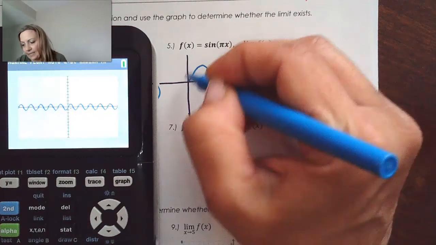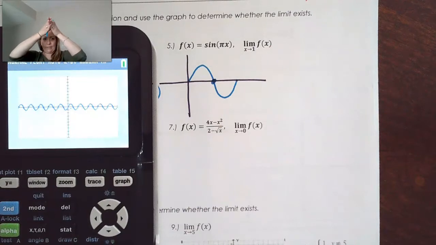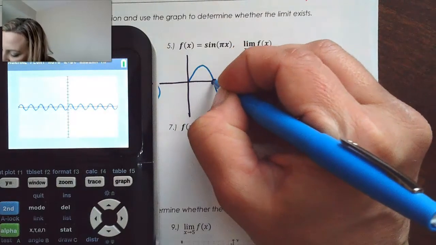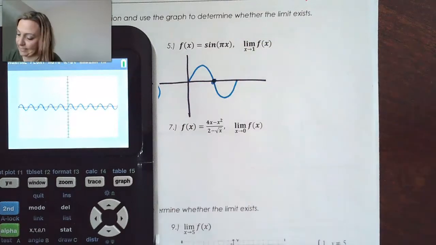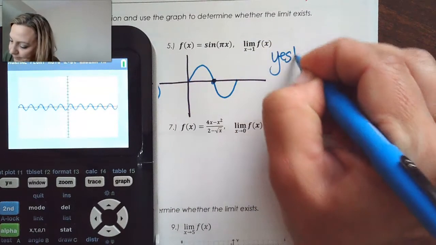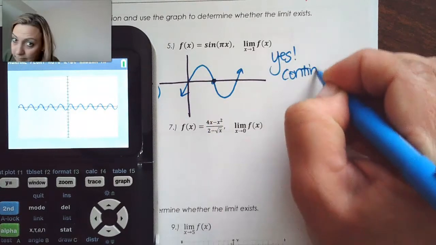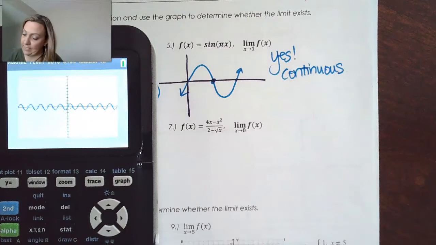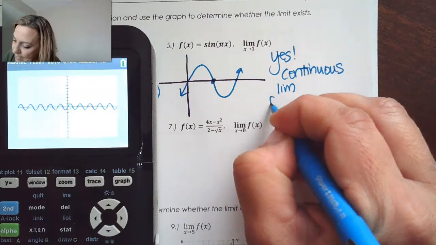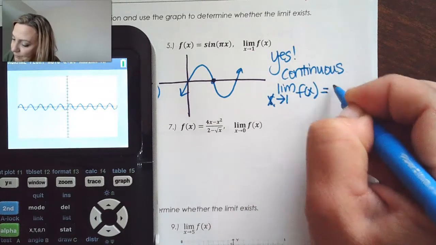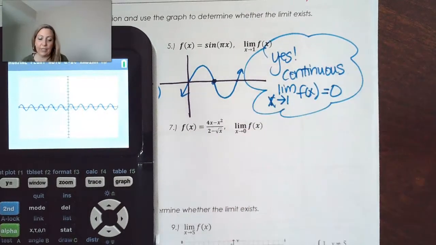Like, I know it's oscillating, but it's not like crazy, like one to the other, within such a short period of time. So in this case, we can see that the limit does exist because it's continuous. And this is continuous, and we can see that the limit as x goes to 1 of this f of x is going to be 0 in this case. So here, because it was continuous, we were fine.